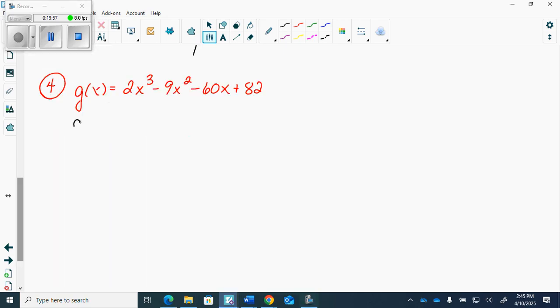So we have g prime of x equals what? What do we get? Don't all answer at once. What do we get? 6x squared minus 18x minus 60.